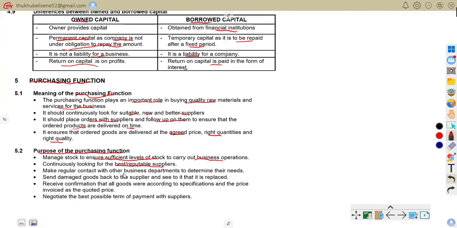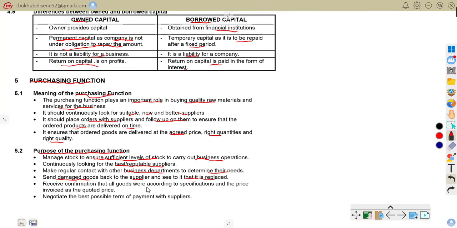They make regular contact with other business departments to determine their needs. So they make sure that they connect with other departments so that they know what is needed in those various departments. They send damaged goods back to the supplier and see to it that it is replaced.